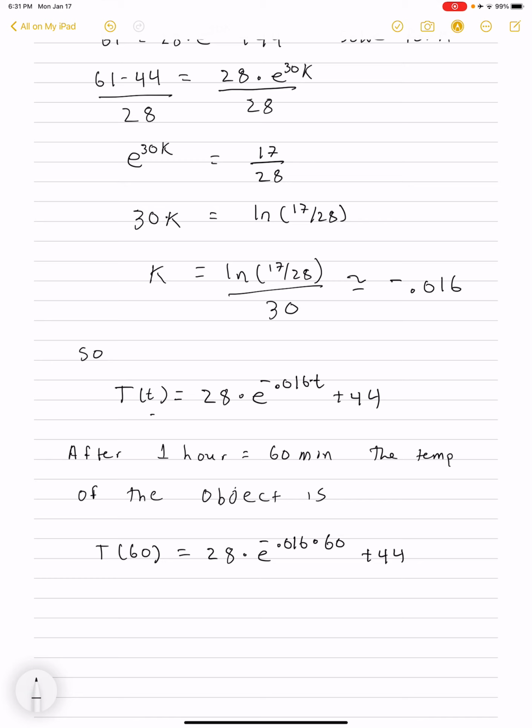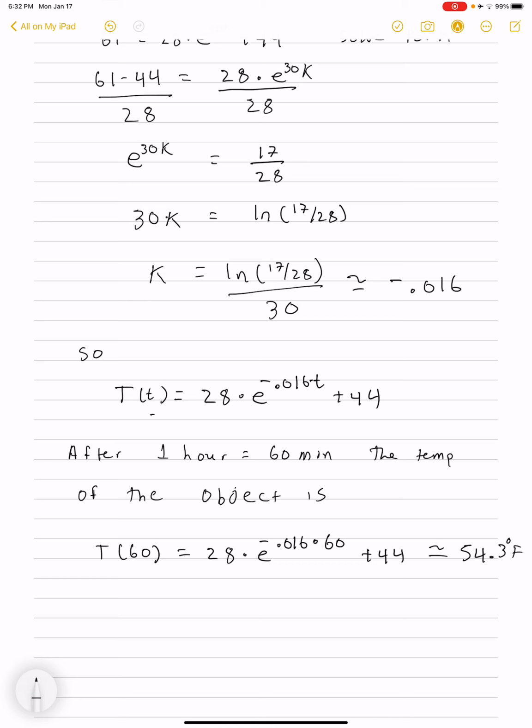That's going to give us approximately 54.3 degrees Fahrenheit.